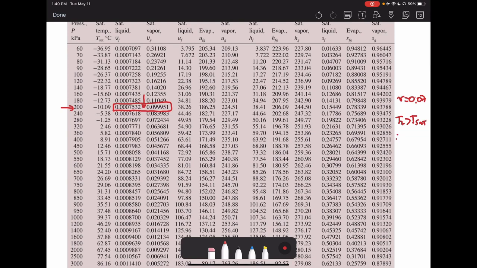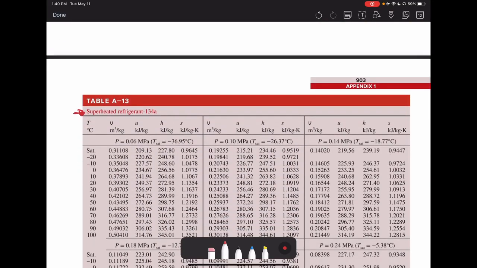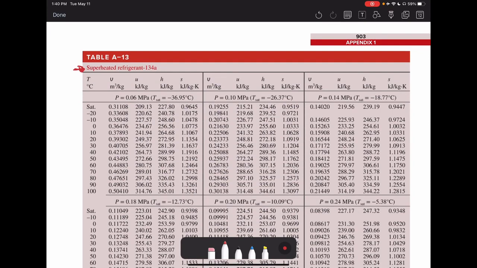Therefore, we can say that we have a superheated vapor. Okay, we know that we have a superheated vapor because our temperature is greater than Tsat, which means it has already boiled. Therefore, we can go to table A13, which is for superheated refrigerant.